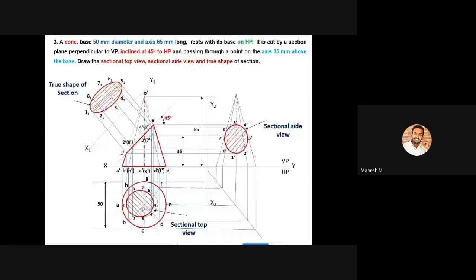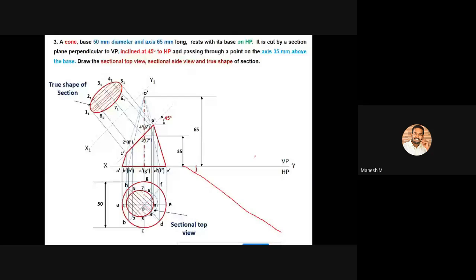Then you can project all the points on your previous sectional top view towards this inclined line. That means you have to project this point G, and also you have to project point H and F, and also A and E, and also B and D, and also C towards this 45-degree inclined line.